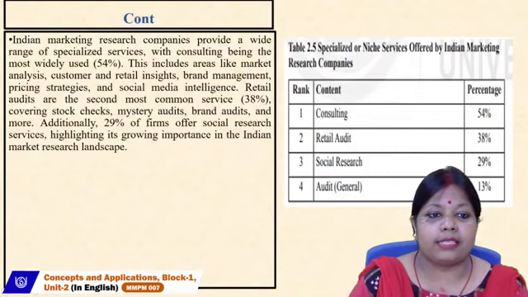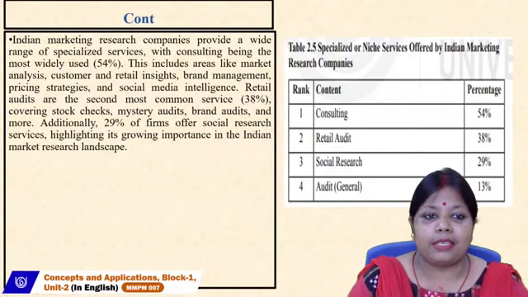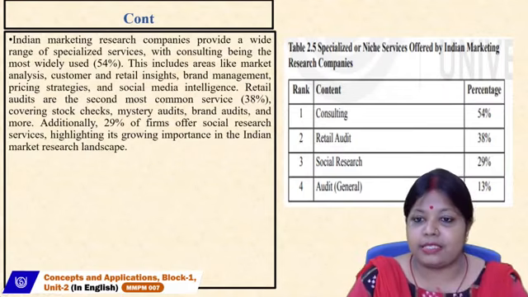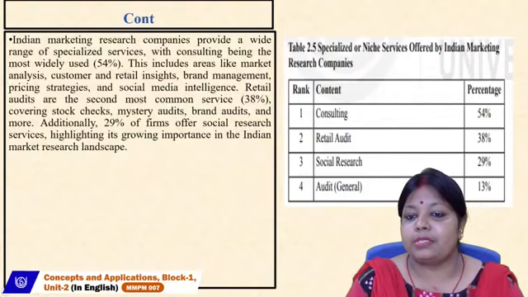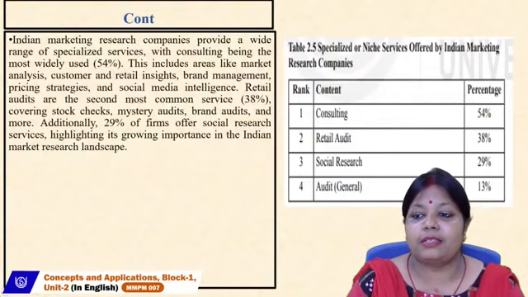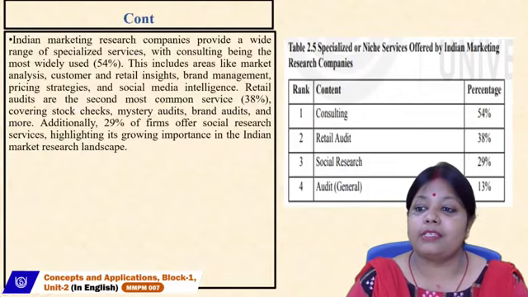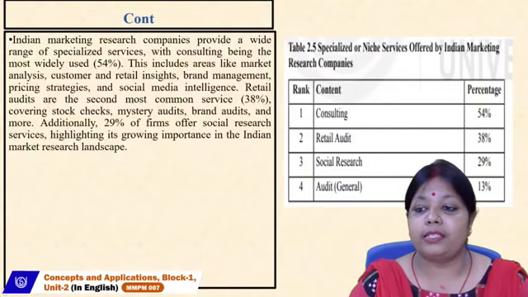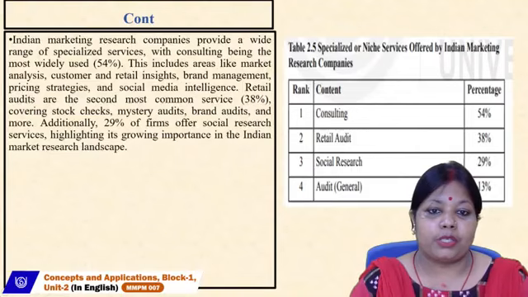Retail audits are the second most common service, that is 38%. We can see here social research contributing 29%, and audit, the general research, is contributing only 13%. But consulting research is the highest one, it is 54%, and the second highest is retail audit research, that is 38%.